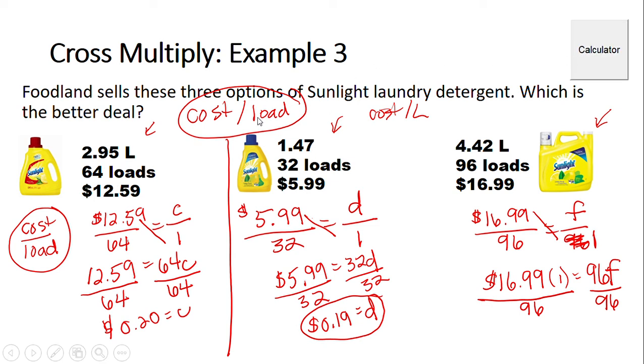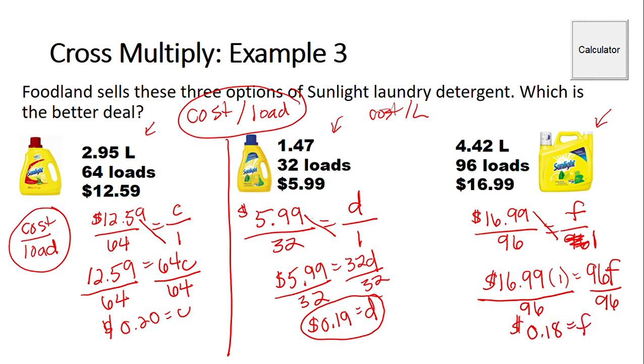And we have 16.99 divided by 96. Ooh, so that's a long number. So we're going to round that one up to 0.18. So 0.18 is equal to F.